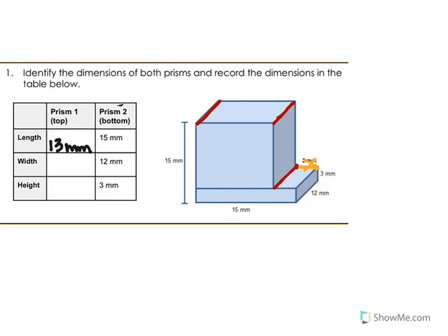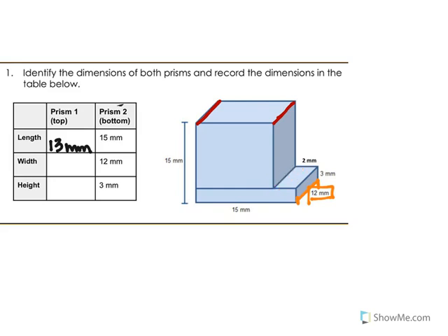So what we're going to do is use the width of the bottom prism to help us figure out the width of the top prism. I can see that the width of the bottom prism was 12 millimeters. I can also see that the bottom prism has the same width as the top prism because those two prisms were even.